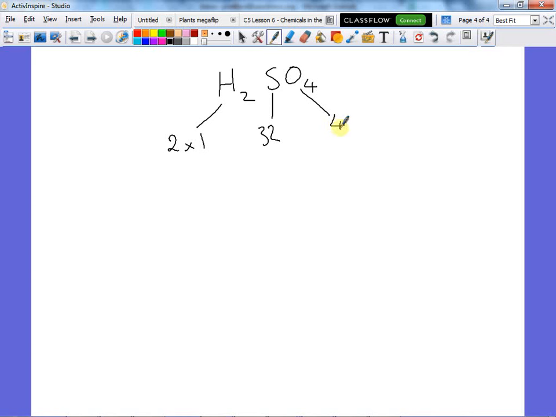And there's actually 4 times 16 of oxygen. Now that equals 98. So the RMM or RFM of H2SO4 equals 98.